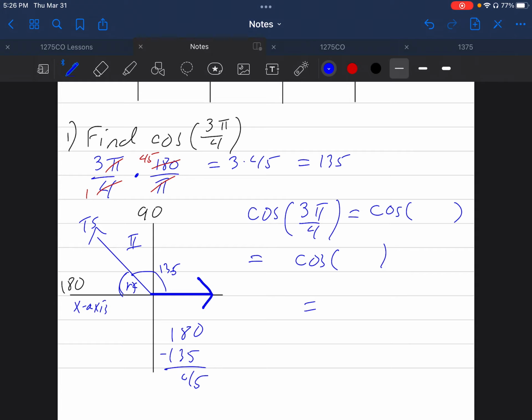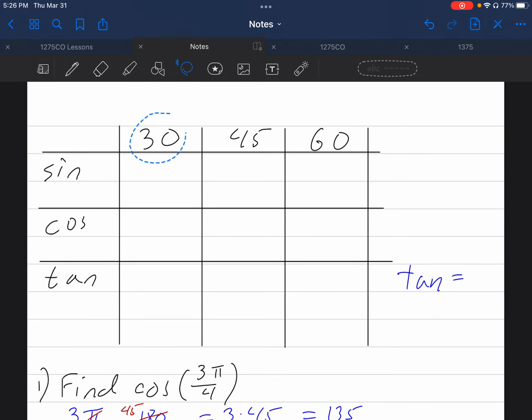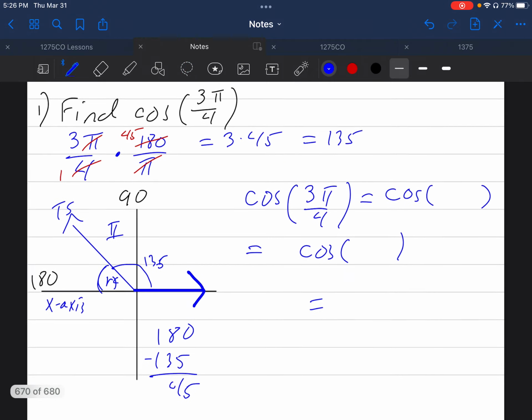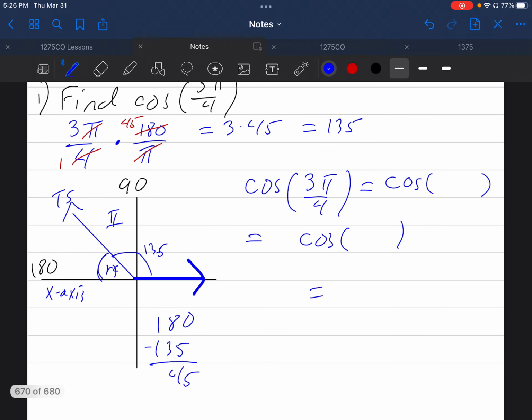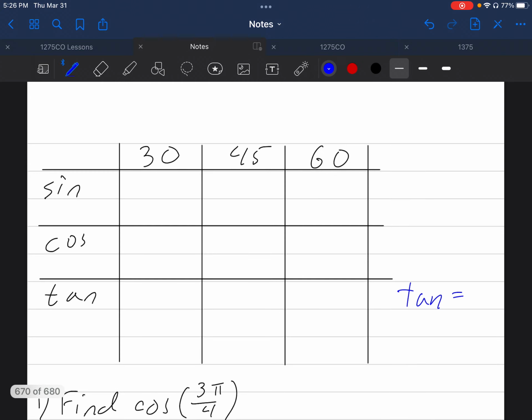gives us a 45-degree reference angle. So there was a question posed in class, which is that it seems like all of the reference angles that we see are 30, 45, and 60 degrees. And that's true up until now. When we're looking for a 45-degree reference angle value, remember we can use the special right triangles that measure 45, 45, 90 with sides of 1, 1, radical 2.